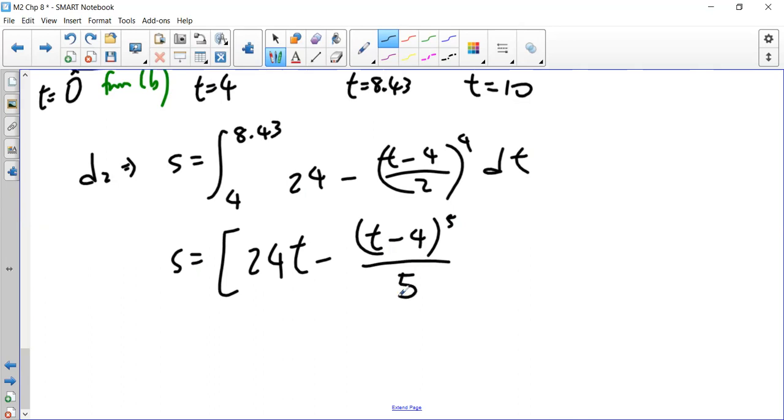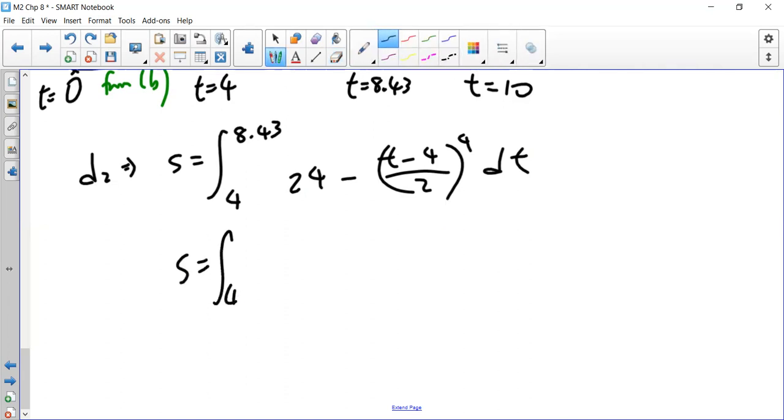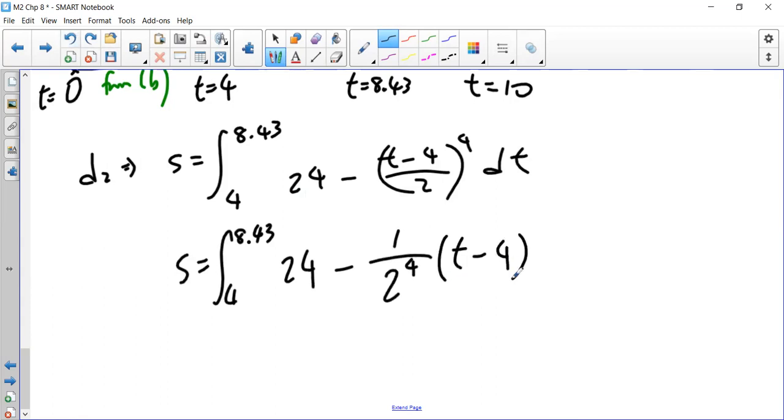Actually, t over 2. What I'll do is take out the 2 first. So it will be 1 over 2 to the power 4 times (t minus 4) to the power of 4 dt.